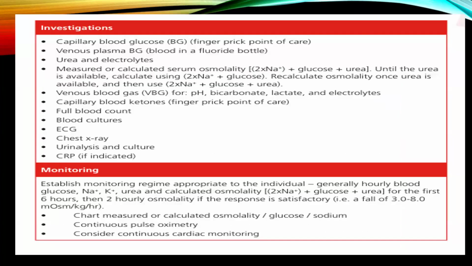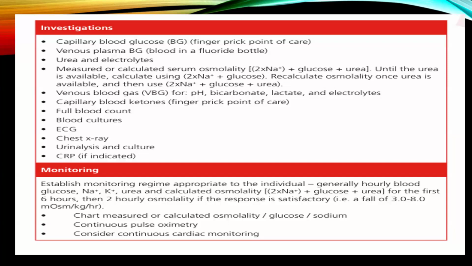Then regarding investigations: capillary blood glucose, venous plasma blood glucose, urea and electrolytes. Then measure or calculate serum osmolality, that is 2 times sodium plus glucose plus urea. Until the urea is available, calculate using 2 times sodium plus glucose.